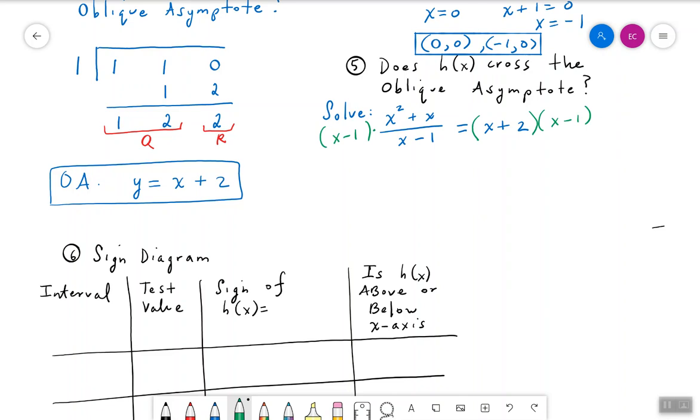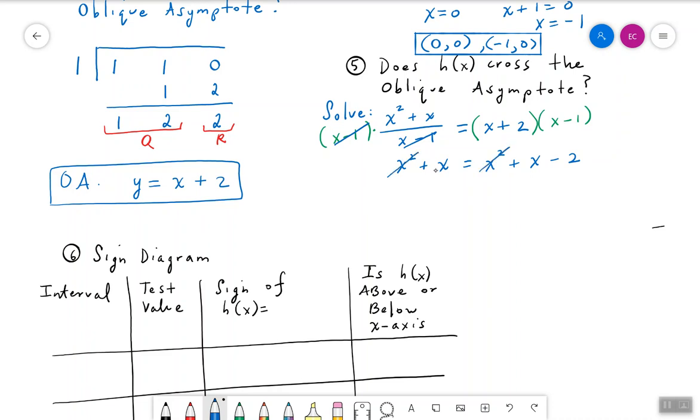And the x minus 1 cancels on the left side, and we're just left with x squared plus x. And on the right side, we can multiply this out and get x squared plus 2x minus x is going to be plus x minus 2. And then we can subtract x squared from both sides, and they cancel.